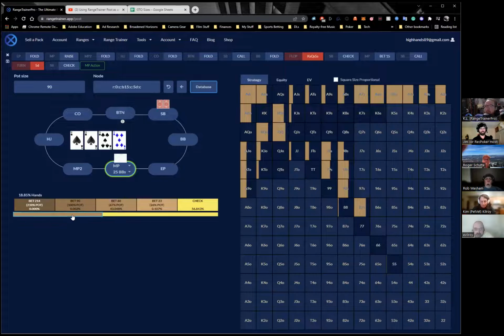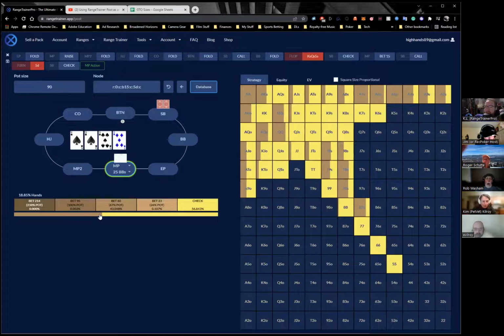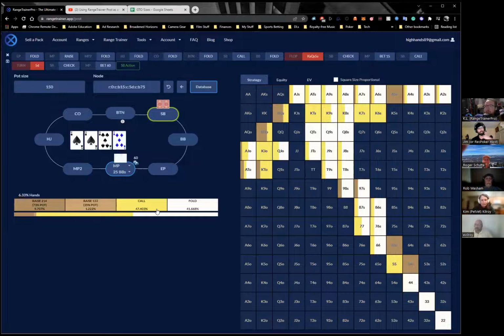They either check back or they barrel 2/3 pot. Well, they didn't do either of those. They barreled just over 50% pot. That's close enough to 2/3 that I think it will match. So we'll say that's just a pretty solid line by villain, depending on what they had.